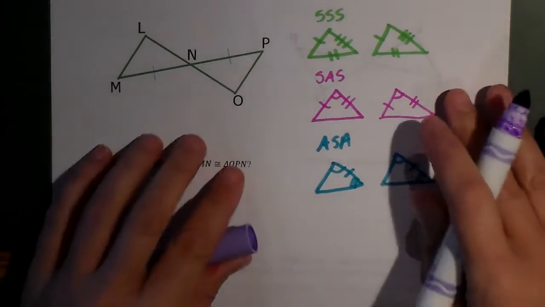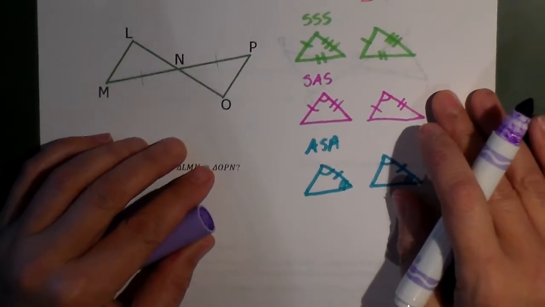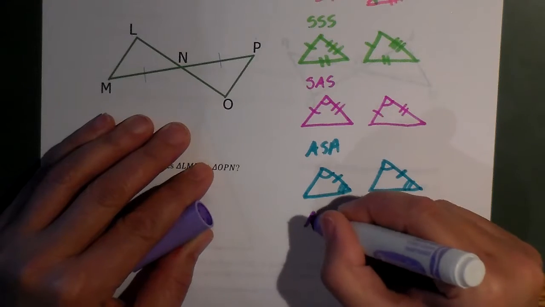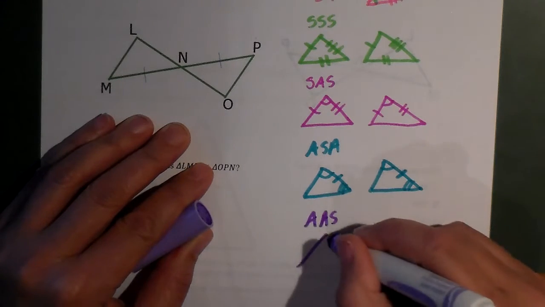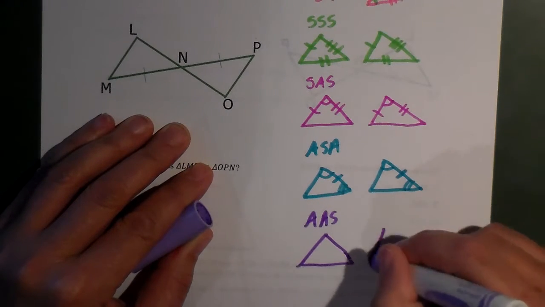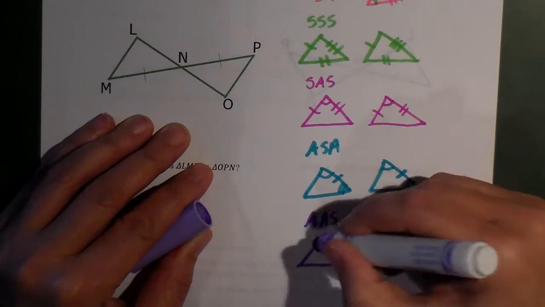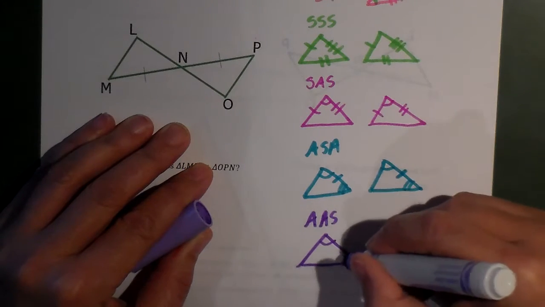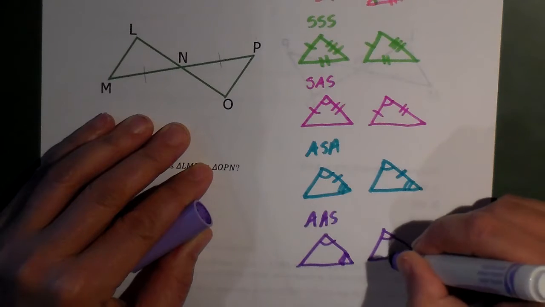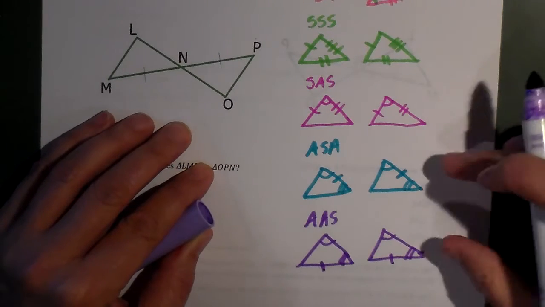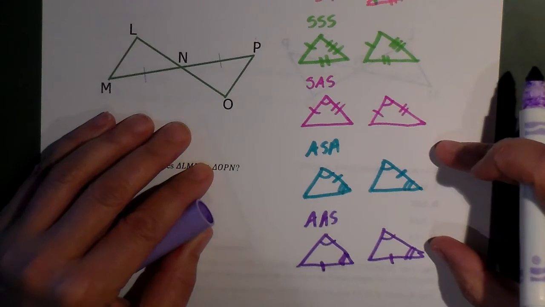Then we have angle, angle, side. Let me keep this here, where I've got AAS. So that means now I've got 2 triangles, and I've got an angle, an angle, and then they have the same side here. So you can see the difference between ASA and AAS.